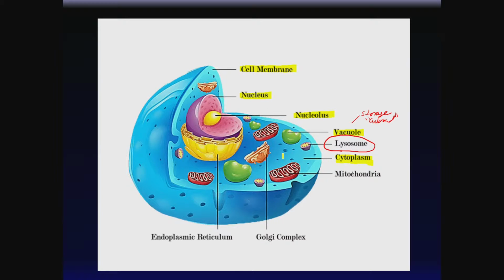So cytoplasm. This organelle here is the mitochondria, okay? That's where the glucose that you eat, the candy bar, the food that you eat goes, and those molecules are broken down, and you release energy from those molecules, okay?